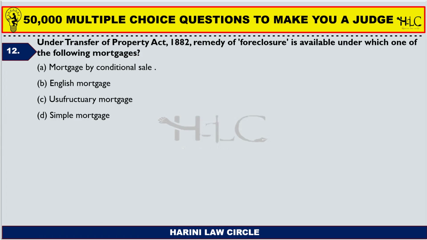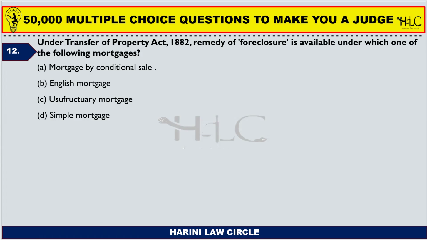If you put a period of 3 years, within 3 years, you can repay the amount and get back the mortgaged property. This remedy is available under the Transfer of Property Act. Under which one of the following mortgages? So, this remedy is not applicable to every mortgage under the TPA Act.